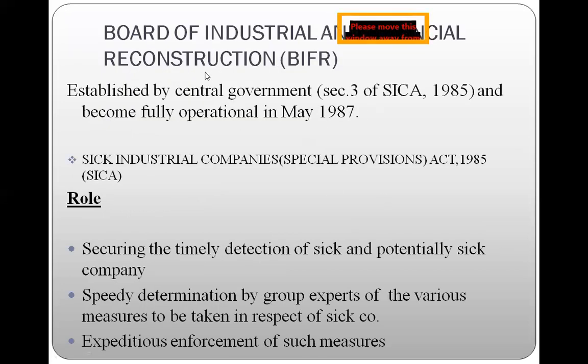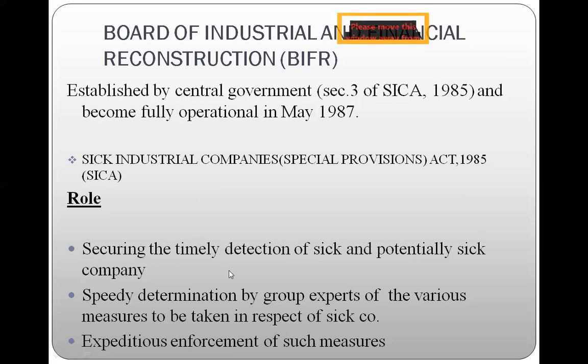There is a board, the Board for Industrial and Financial Reconstruction, that is BIFR. It was established by the central government under Section 3 of SICA. SICA is the Sick Industrial Companies Special Provisions Act 1985, and it became fully operational in May 1987. So what does this BIFR do?